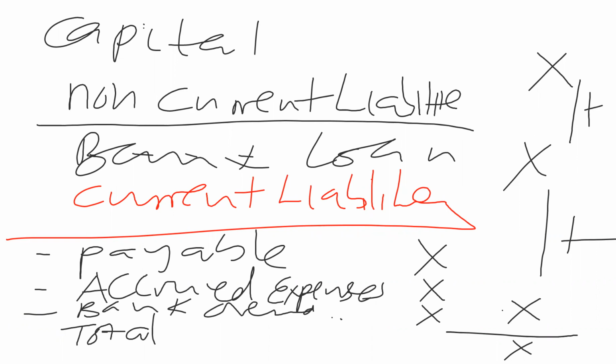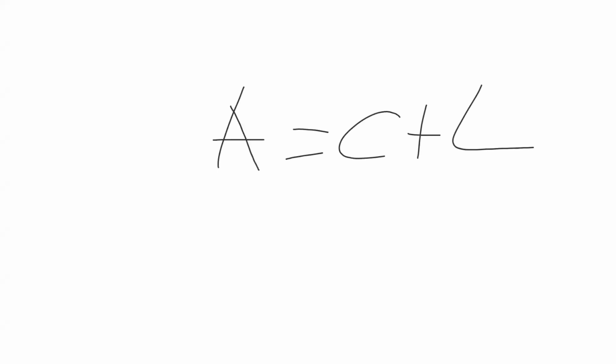The name of this one is the total capital employed, or if you prefer, the total capital and liabilities. That is basically the format of the balance sheet that obeys the equation: total assets equals capital plus liabilities. When the capital plus liabilities equal assets, it means the balance sheet balances.